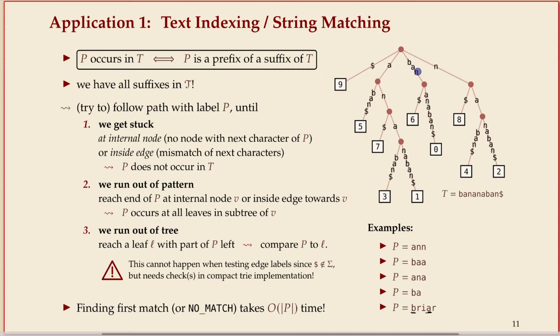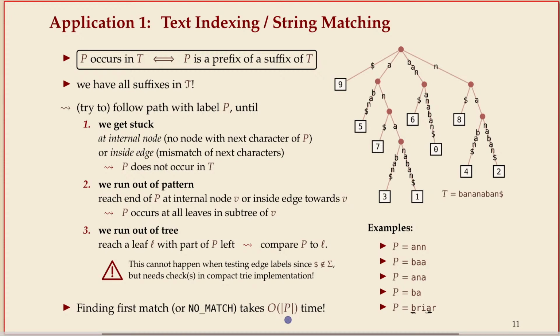In the human version, of course, you would see it earlier and you could terminate early. But these are all cases. That's all that can really happen. The last part can happen in this case where I'm skipping over characters. If this here had been very, very long, then I would try to keep going, and I run out of tree.